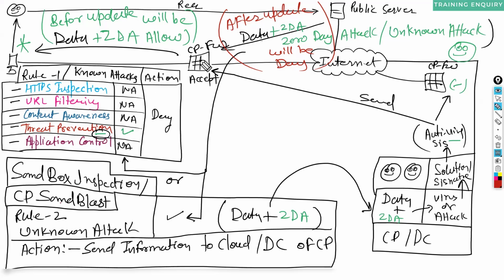When we enable it on the firewall, if the firewall sees any unknown attack information, it will send the information to the cloud so that the firewall can get an update about the attack as soon as possible. Now the question is: how much time will be spent when we send a file and when we receive the update?